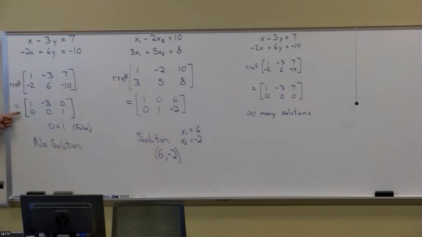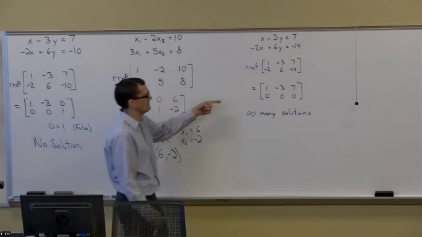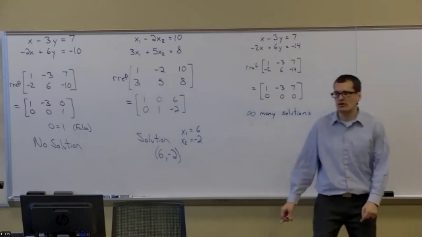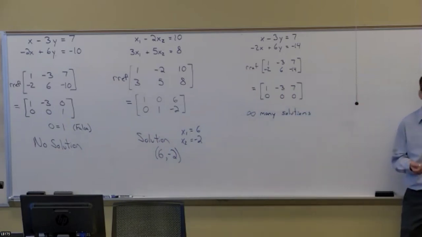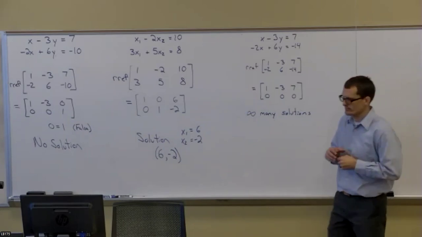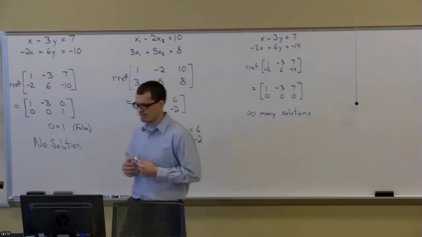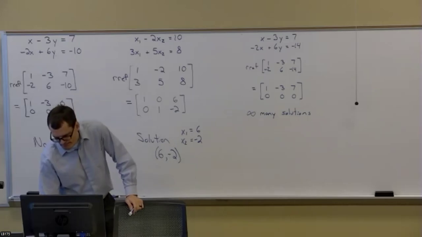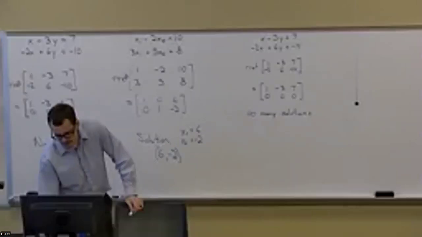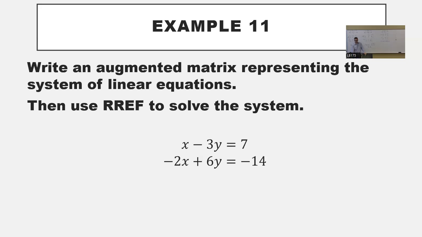But this is the no solution example. This is the infinitely many solutions example. Those could arise as well. That's where we get those other weird row-reduced echelon forms. Okay. Questions about that? Pretty good.